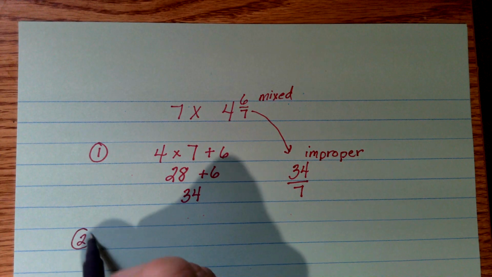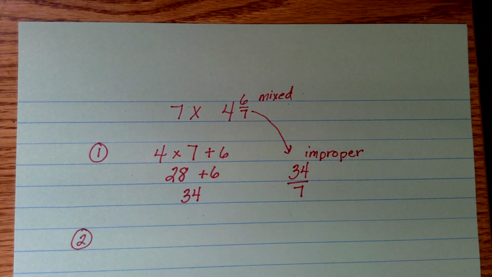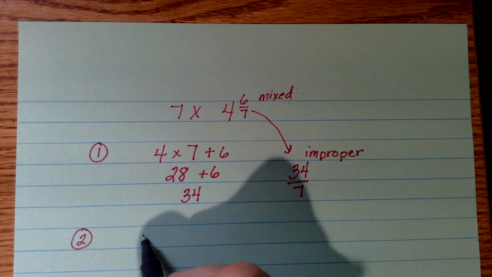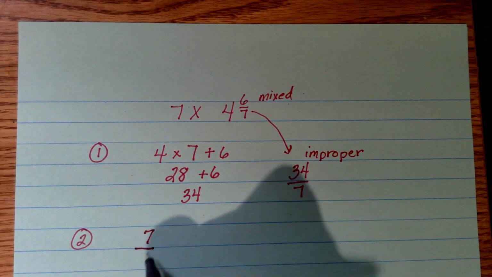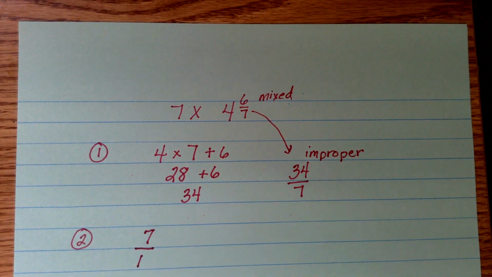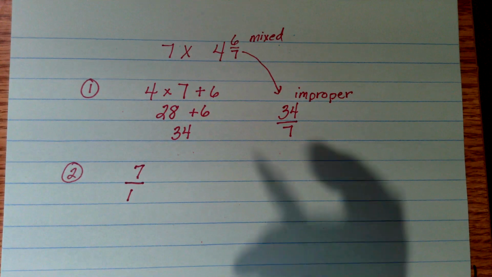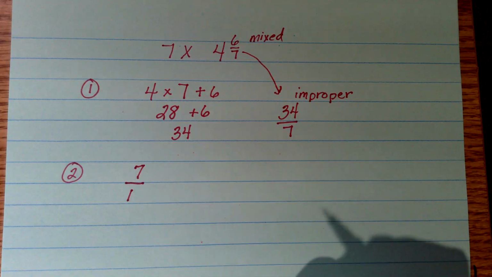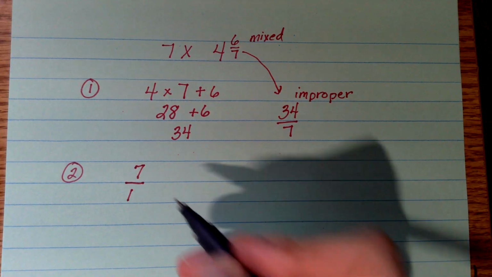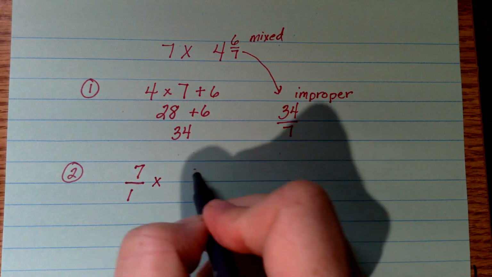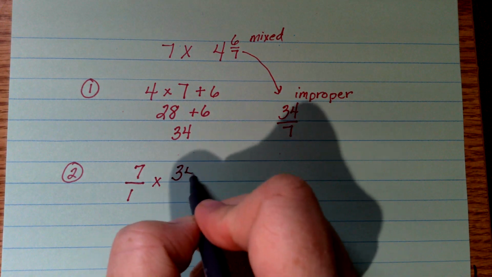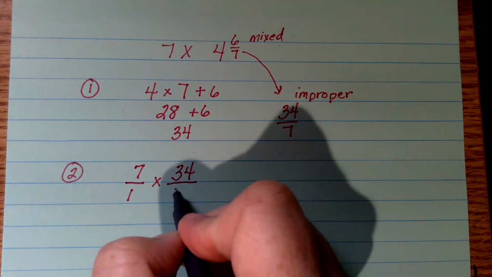All right, step 2 is to multiply the whole number times the improper fraction. So we have to make this a fraction to be able to use it. We make it a fraction by placing it over 1, because 7 of one thing is 7, and we know that. And we're going to multiply by 34/7.